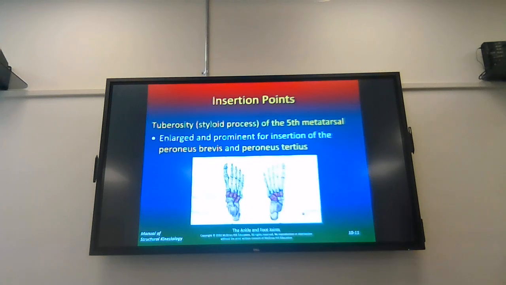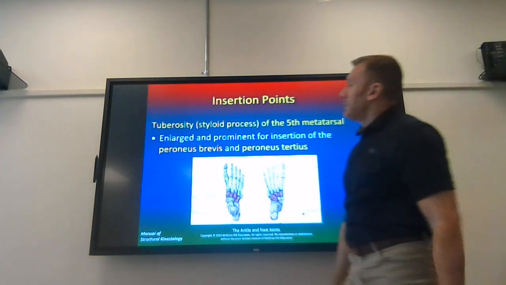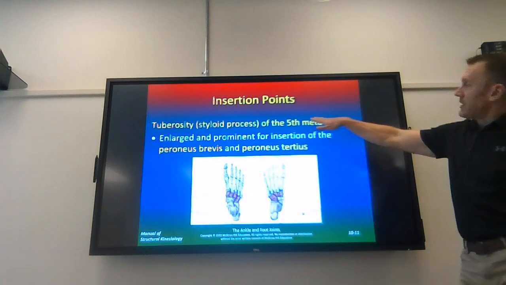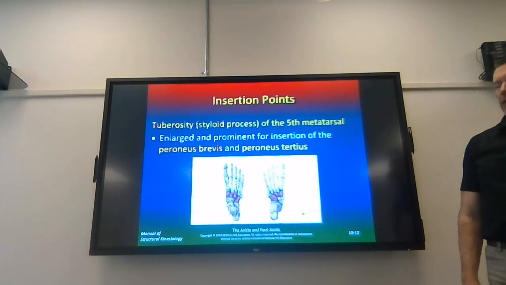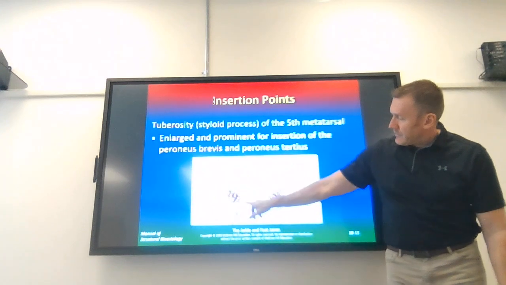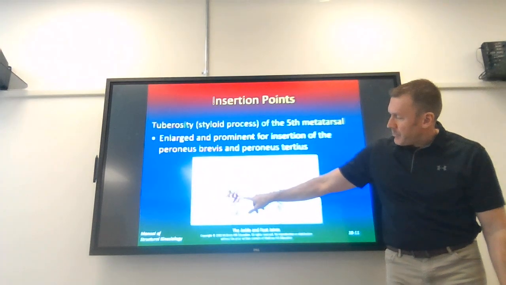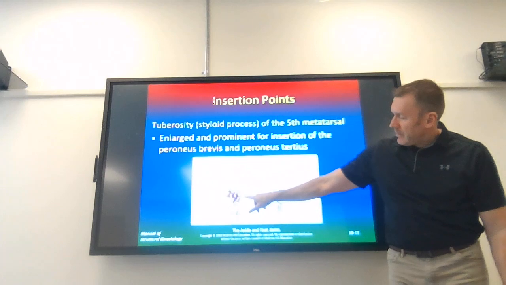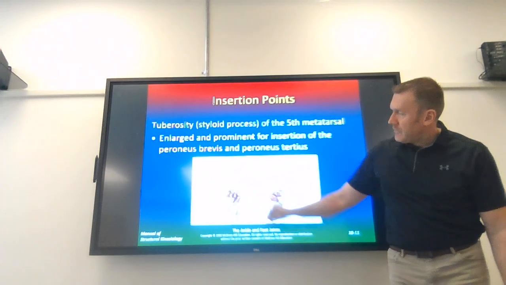So the very first insertion point is the tuberosity styloid process of the fifth metatarsal. So you're going to look at this part of the diagram right here. This is the styloid process of the fifth metatarsal right here at the proximal portion of the fifth metatarsal.